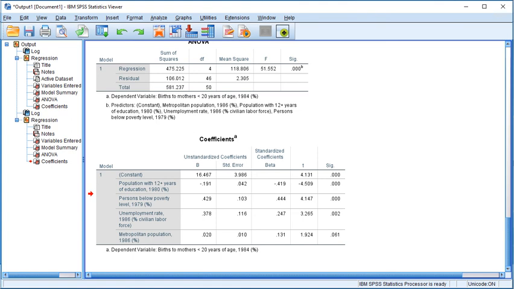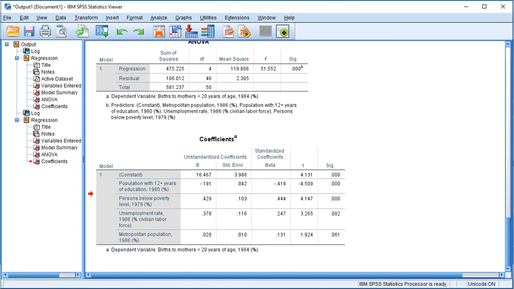Now you notice there is no coefficient reported for the constant, for the intercept. That's because once we transform all of our variables into z-scores, the intercept for that model would automatically be 0, mathematically. And in that case, there is no intercept reported.